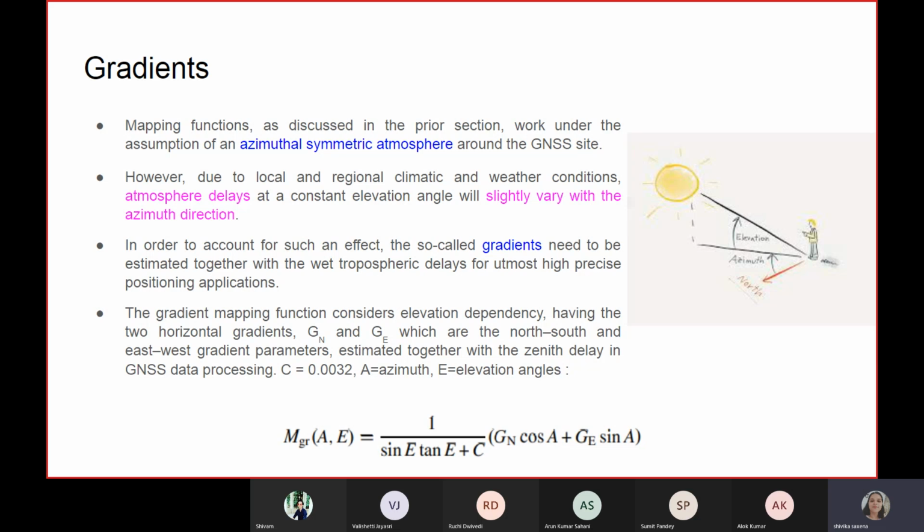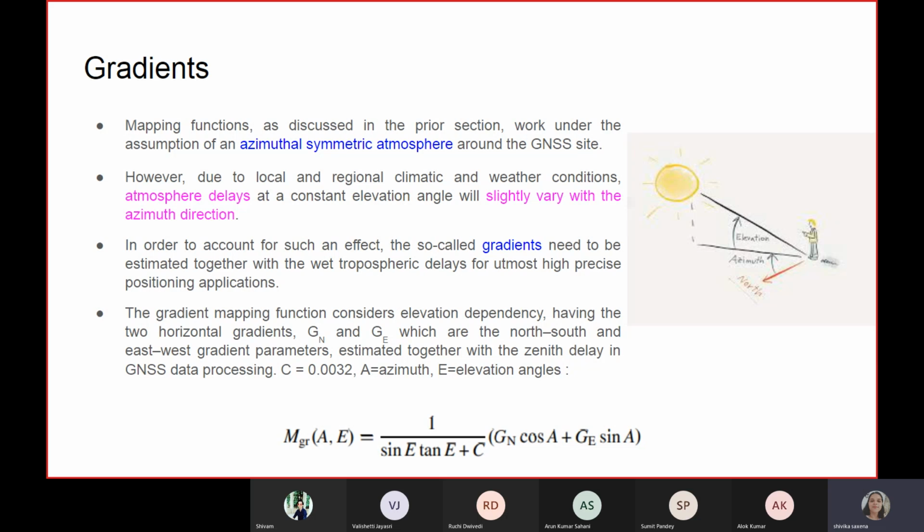But this is not the case. Water vapor is changing as a 3D, or rather 4D, distribution. What is 4D? Three dimensional directions plus time. So with time the water vapor is changing in the atmosphere, as well as with all the directions.